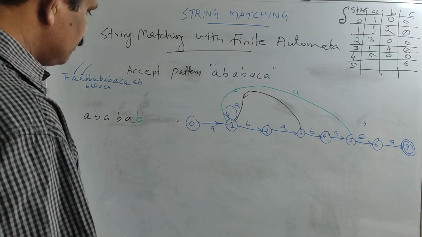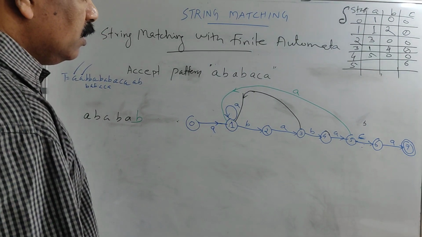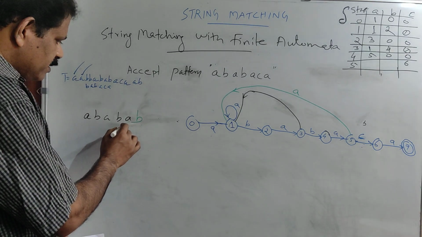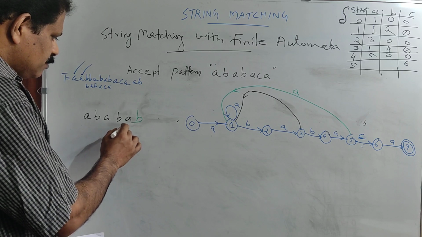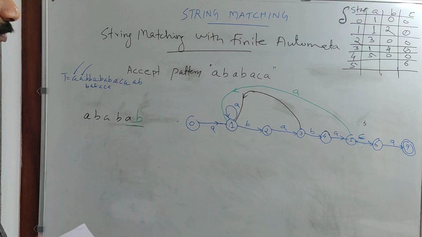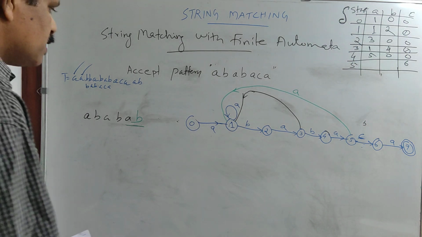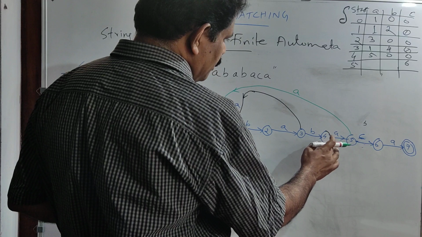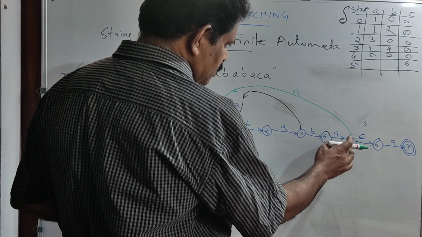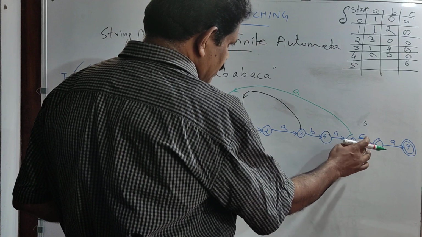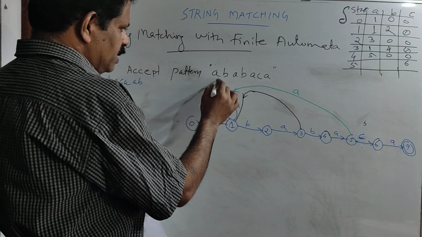Then what about B? C, if you club it with the previous character you will get A B. If this is a character B, you received an A in the previous stage, and if you club this with B, it is the beginning.